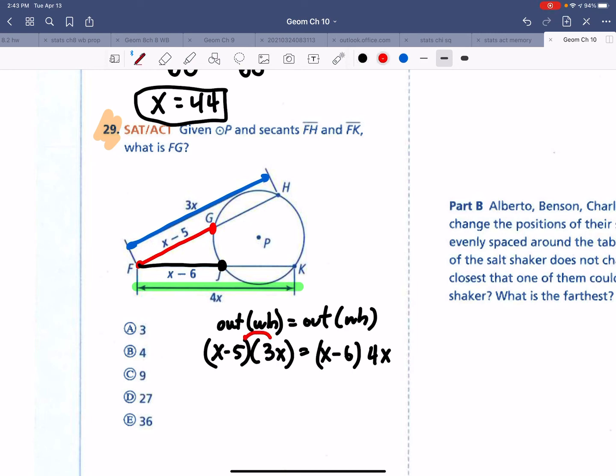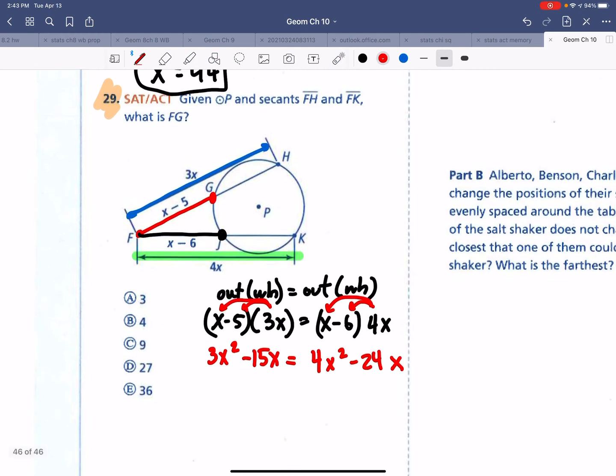All right, so let's distribute this. So 3x squared minus 15x, and let's distribute that. So 4x squared minus 24x. And let's see if we can solve it to get one of these choices, right? So I'm going to subtract 3x squared under two terms that are alike, and I get 1x.